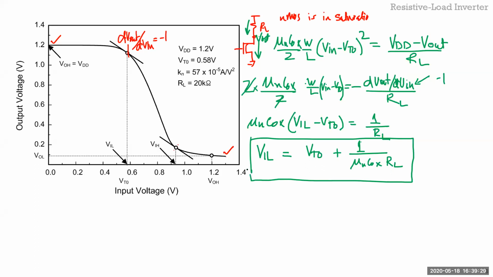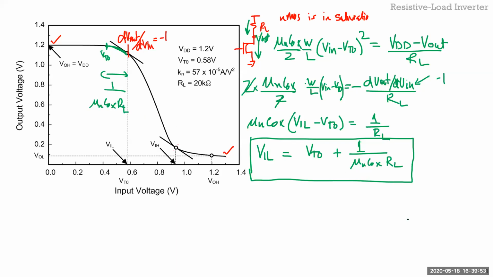So at least to the first order, it makes sense because you don't move at all. The output doesn't move at all till V_T0. And then this is the term, which is 1 over mu_n Cox R_L, which we just calculated.